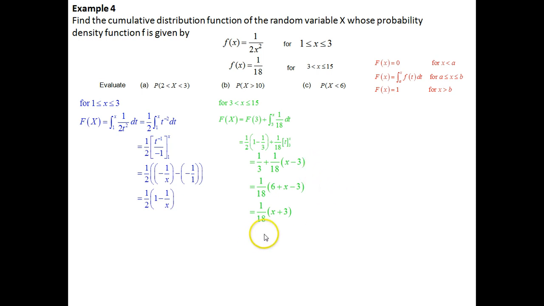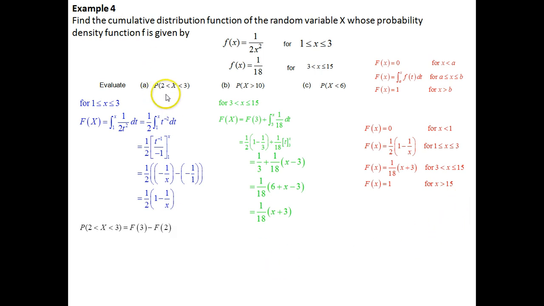So that is the cumulative distribution function when x is between 3 and 15. I'm adding my first total up to the end of the first, then the rest. So my definition of my cumulative distribution function for this combination would be naught for x below naught, that one between 1 and 3, and this one between 3 and 15, and above 15 I've got 1.